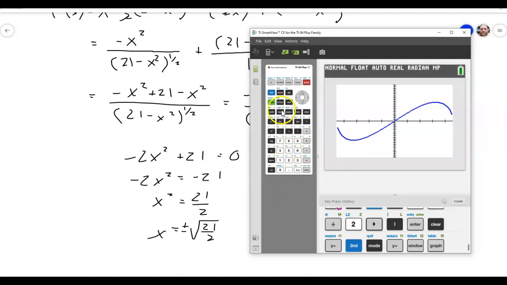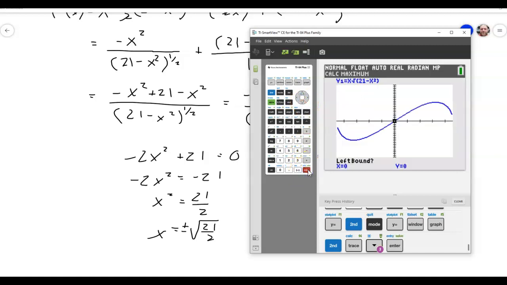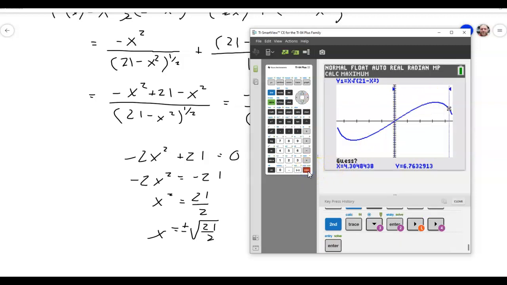If I go to second trace, and we're going to find the maximum here, I need a left bound. I'll do the left bound right here, and I need a right bound, and I'll just do it somewhere to the right of this point up here, and I say no, I don't want to guess, and we can see that we get about 3.2403684.